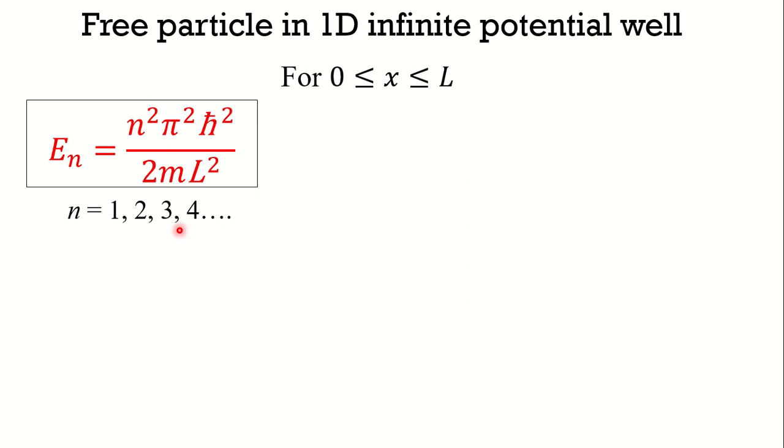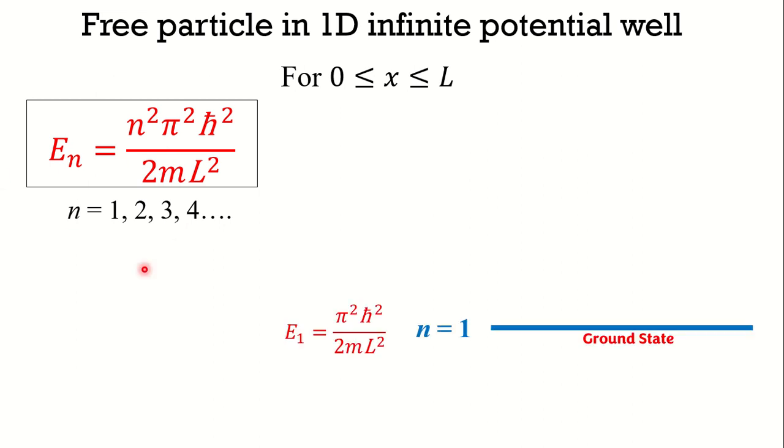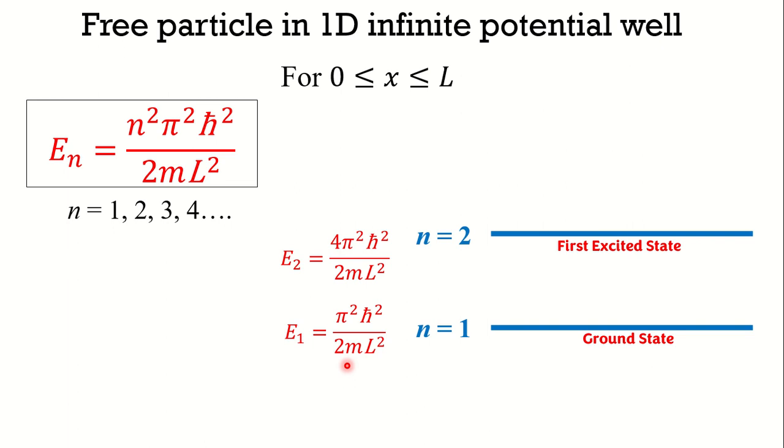Now if I plot this, for n equal to 1 we have the ground state and the energy value is pi squared h cut squared by 2mL squared. For n equal to 2 we have the first excited state and the energy is 4 pi squared h cut squared by 2mL squared.